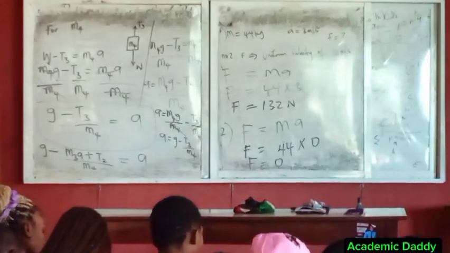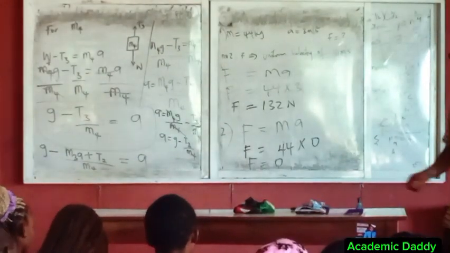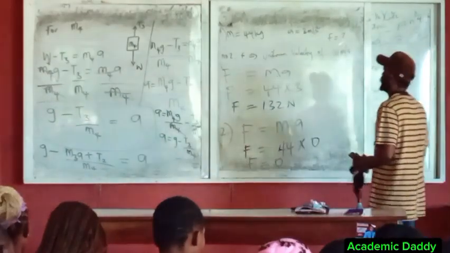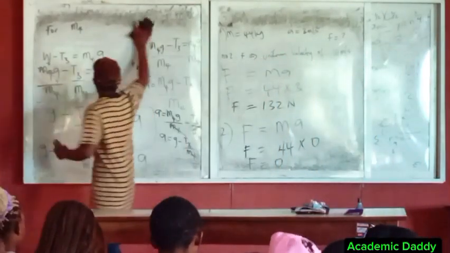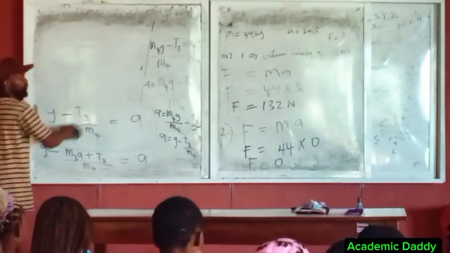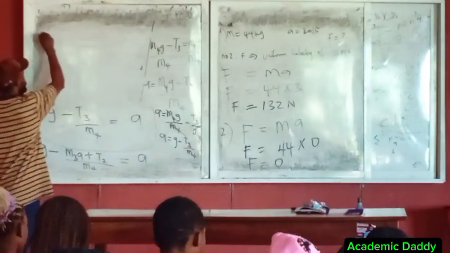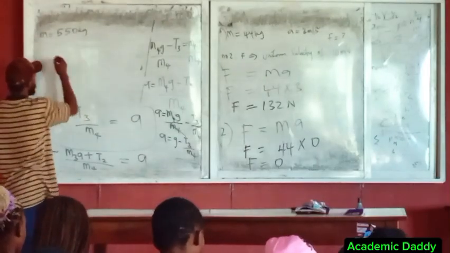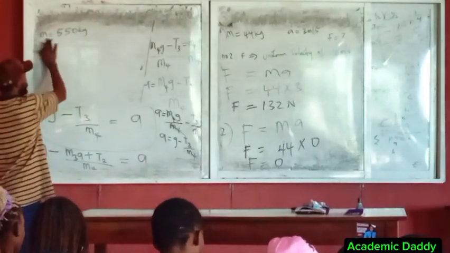So read the question now. Question 5. The power of mass 550 kg, forward acceleration.